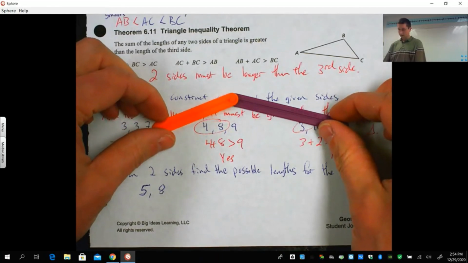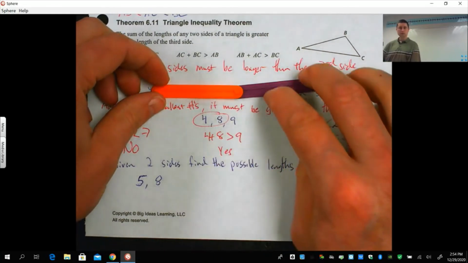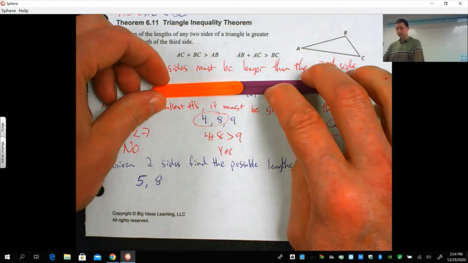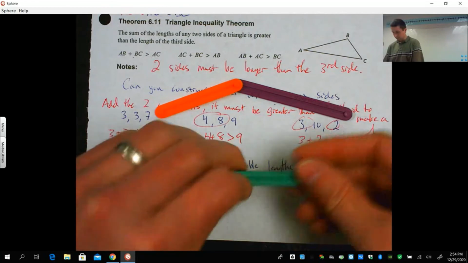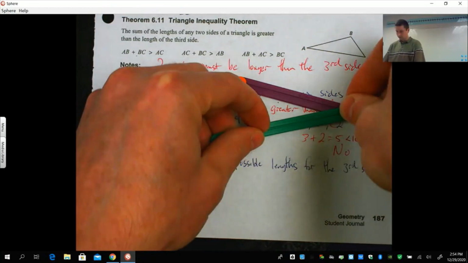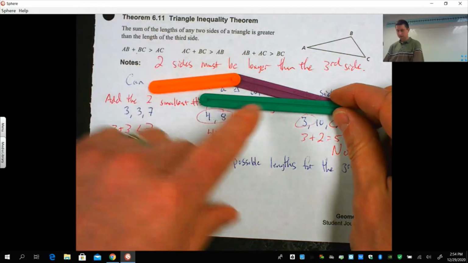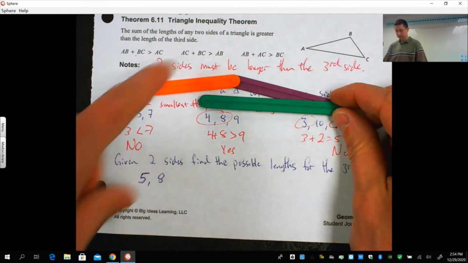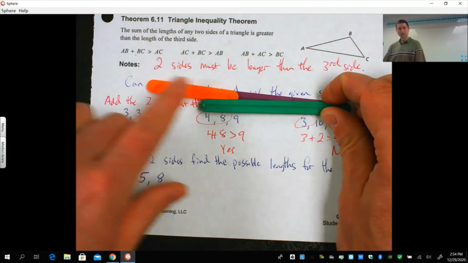So this sum has to be greater than what it is. If I stretch these out and still keep a triangle in here, 5 plus 8 would be almost 13. So it has to be less than 13 because the two sides have to be bigger than the third side.